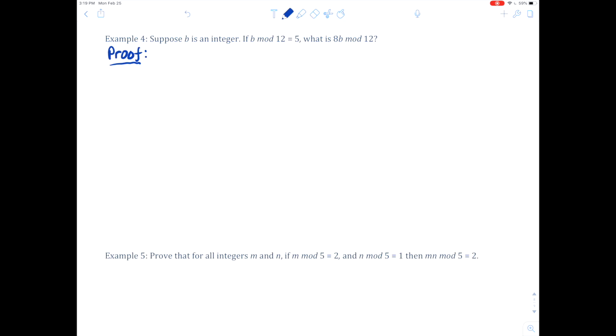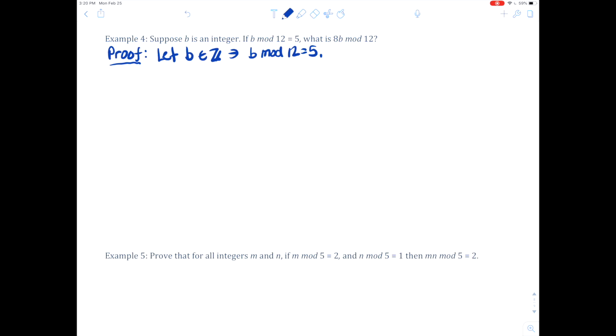So let's think. Let b be an integer, right? Because that's a requirement for that portion of the mod. And such that b mod 12 equals 5. Good so far?